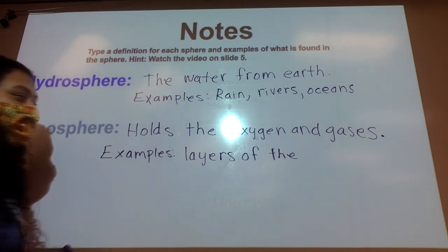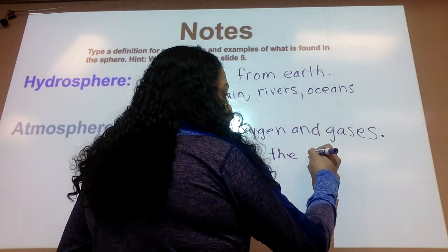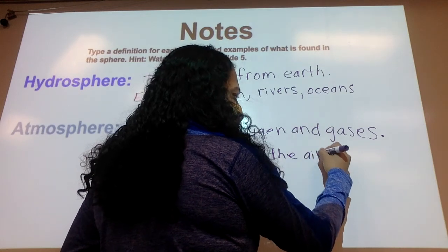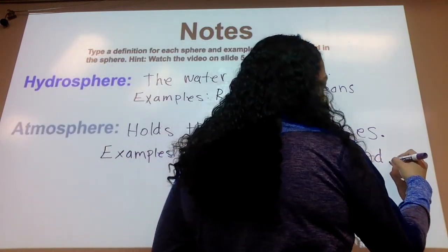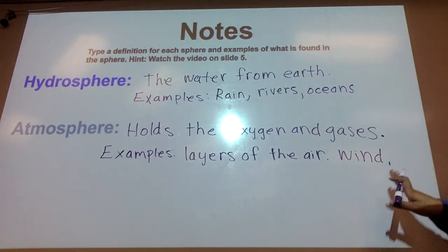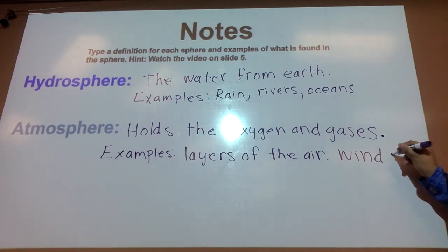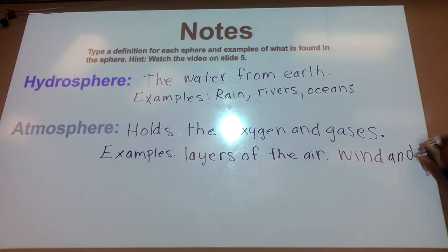Wind. So layers of the air, and then we can also say wind. What else? There's one more. Wind and what holds the rain? Clouds. Wind and clouds as well. Okay, so the layers that are in the atmosphere are part of that. And then the wind and the clouds.